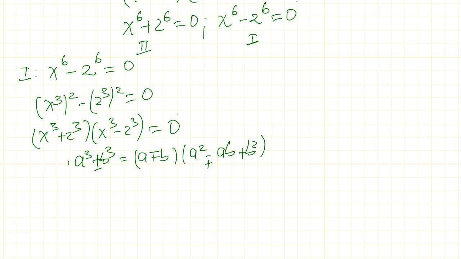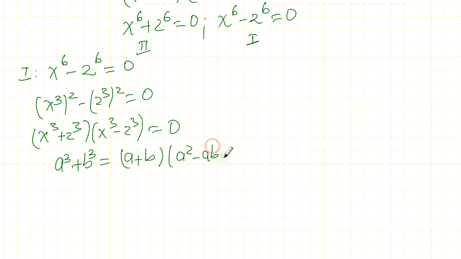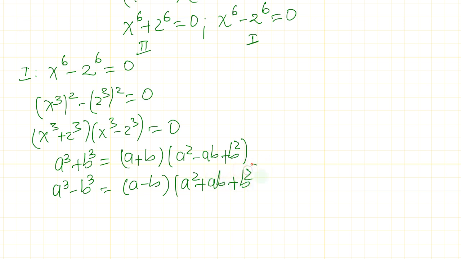Let me just write this properly to avoid confusion. We're going to say a cube plus b cube is a plus b, which multiplies a squared minus ab plus b squared, and a cube minus b cube is a minus b, which multiplies a squared plus ab plus b squared.